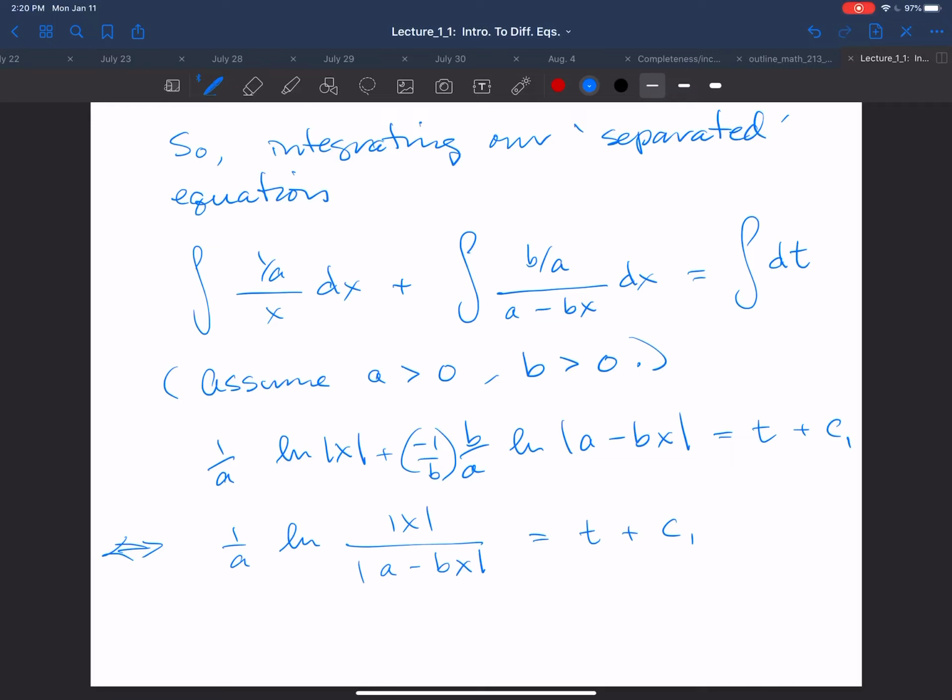In other words, we must have that ln of the absolute value of x over the absolute value of a minus bx is equal to at plus a second constant c2, which is obviously just a times c1.